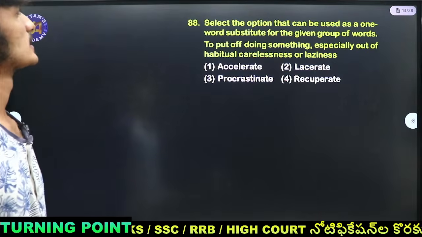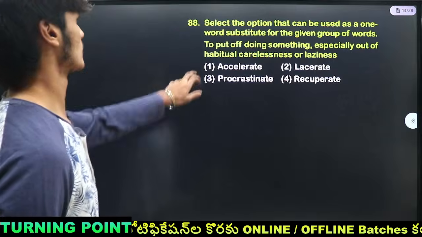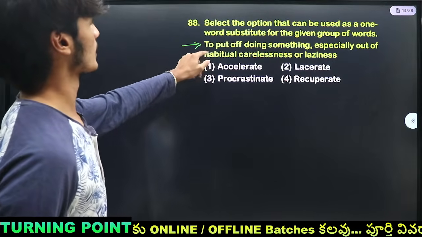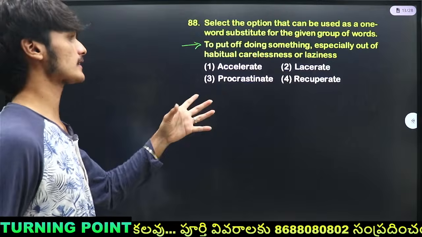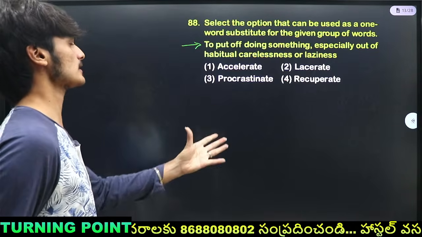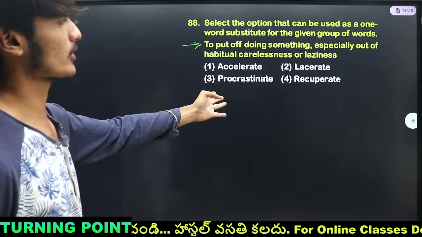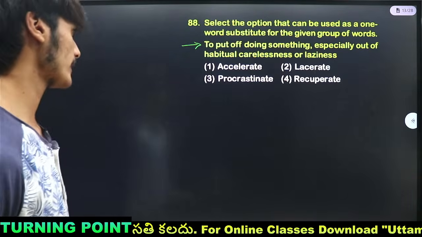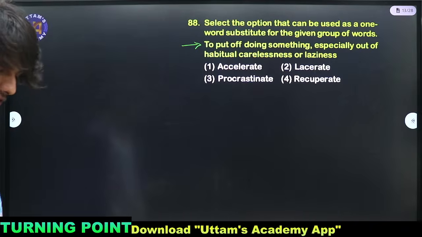Then select the option that can be used as a one-word substitution for the given group of words. The words are: to put off doing something, especially out of habitual carelessness or laziness, is called as accelerate, lacerate, procrastinate, recuperate. So easy one. Hope everyone would be answering it right.